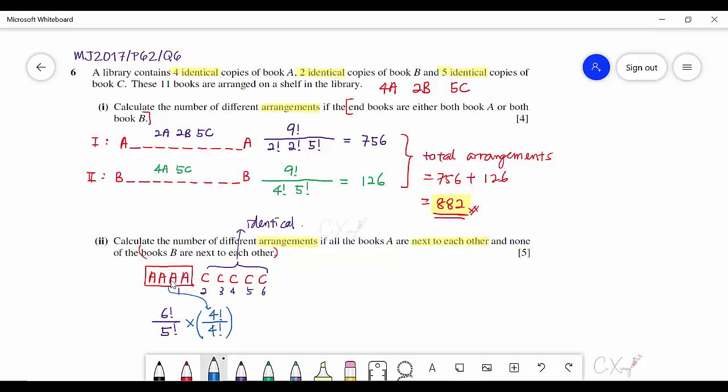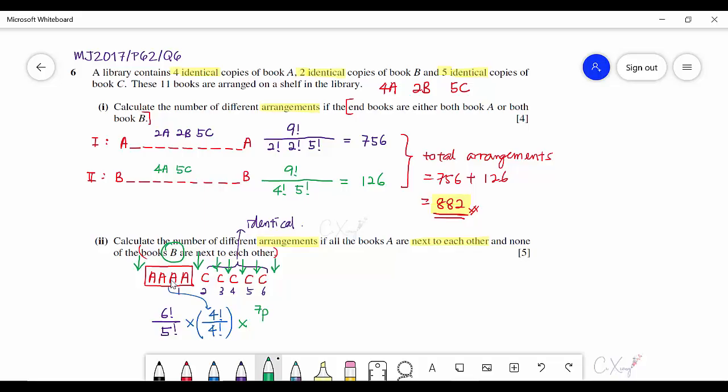Once you have completed the general arrangement, now you need to bring in book B. Book B must be separated. Separated means you need to see how many possible spaces I can slot the B in. So I have one space here, 2, 3, 4, 5, 6, 7. There are 7 possible spaces that I can arrange the 2B in.